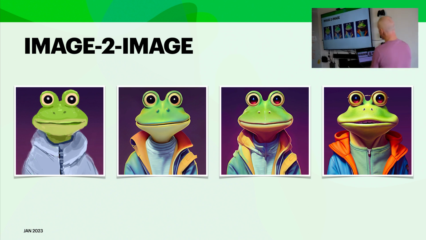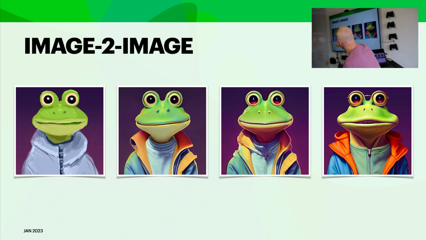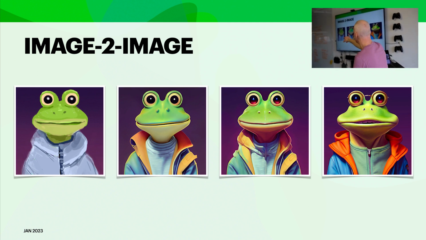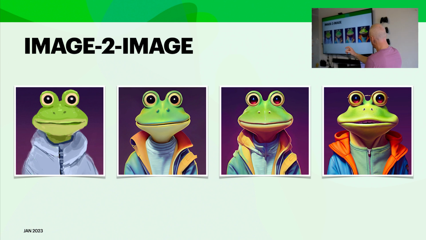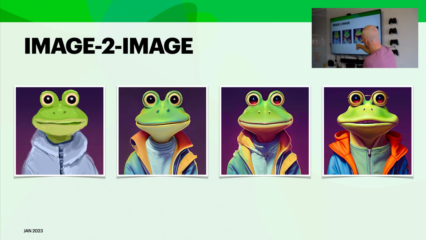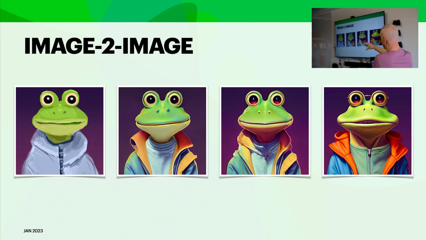So in this example, the sketch on the left was fed into Stable Diffusion, and the output was the second image. That's what it got back the first time. Then the second image was fed into Stable Diffusion again, after being tweaked in Photoshop to make it a bit more high fidelity.